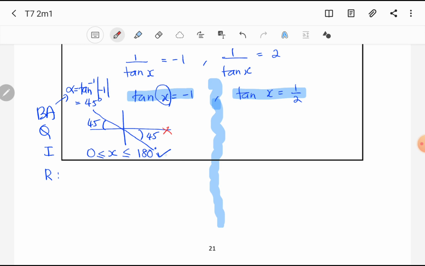Dalam range dia tu tak ada nombor negatif. So, kita akan consider nombor positif saja. Okay, so we go up. Kita langgar. Okay, tengok. Apa tu? So, x equals to, okay, sebab soalan dia x, so sini x lah. So, x equals to 135 degrees.